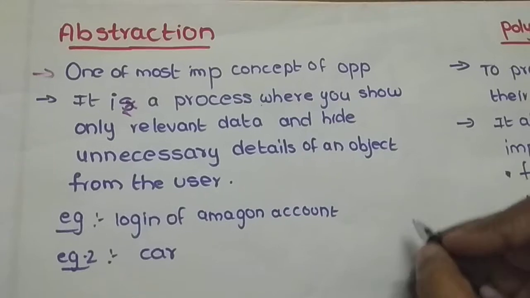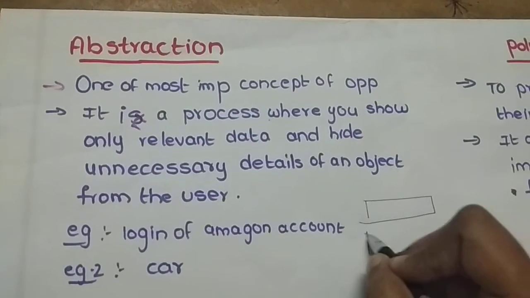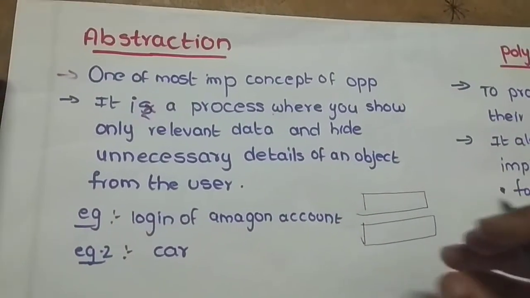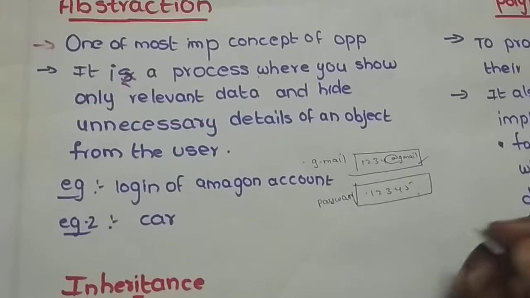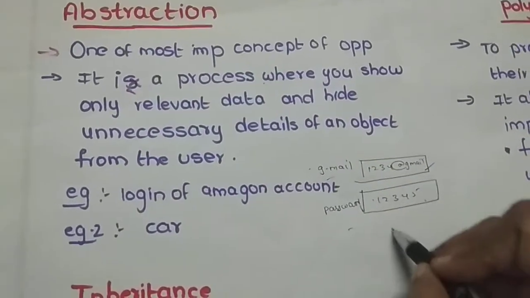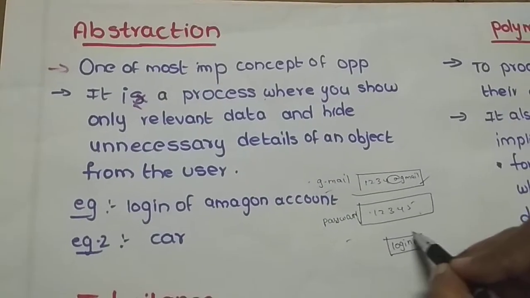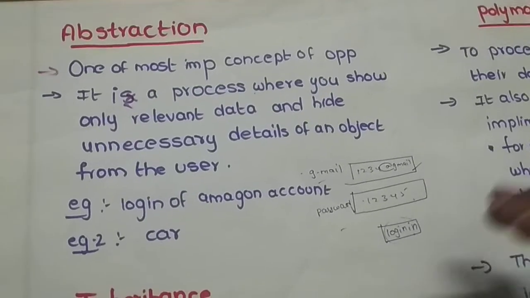We will enter the login ID. Then it asks to write the password. Then we will write the password. After entering the email and password, we will get the login option. If we click this option, then we will log into our Amazon account.